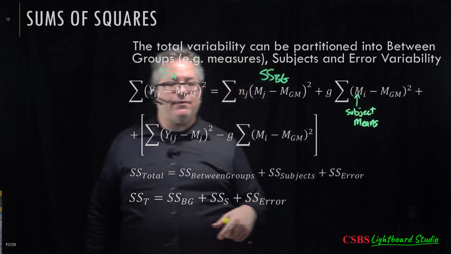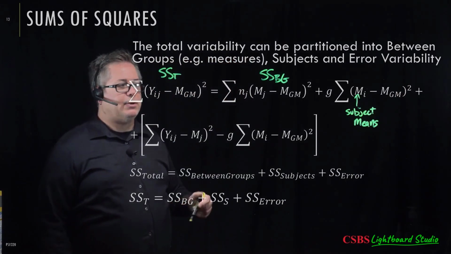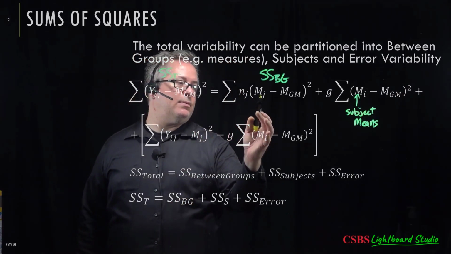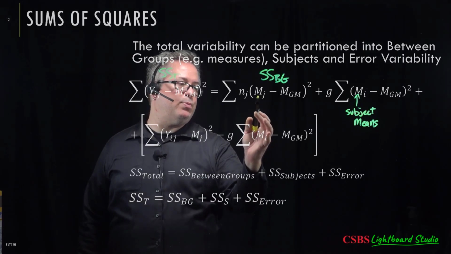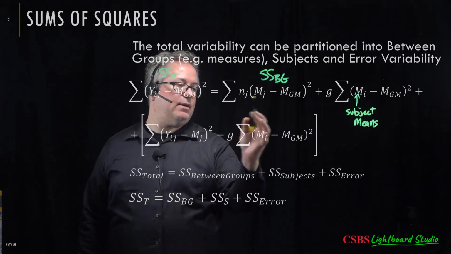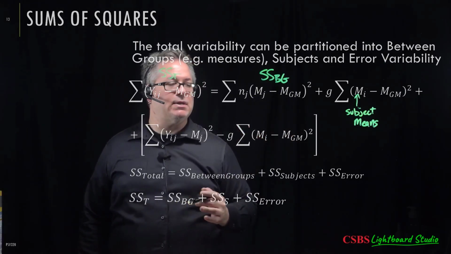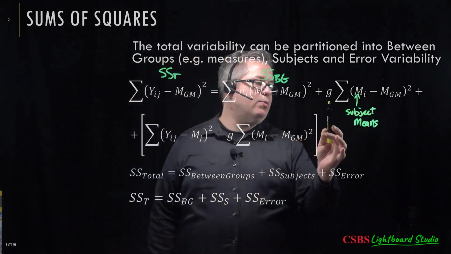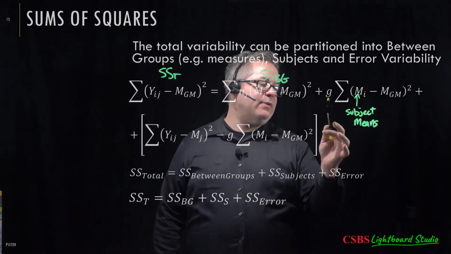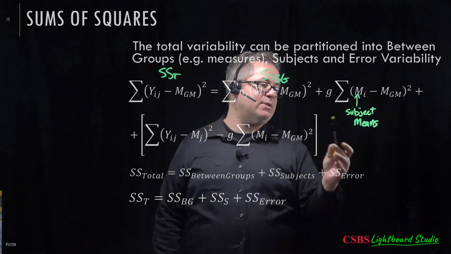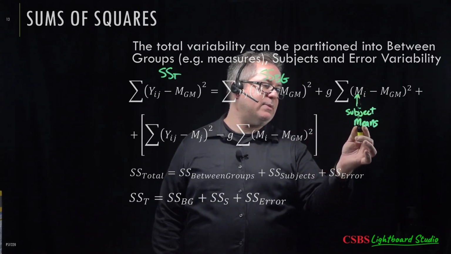Now instead of, like here, where the number of participants in each group is n sub j, and I'm taking the mean minus the grand mean, so I'm weighting it by n, by the number of subjects, here I'm weighting it by group, because it took three scores across the three groups to create this mean for the subject, right?